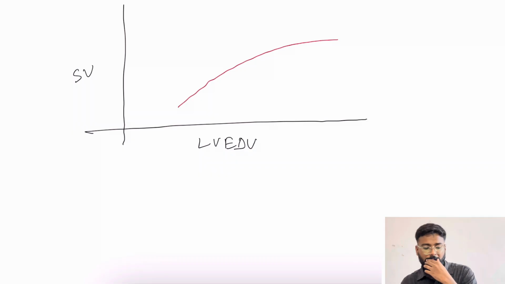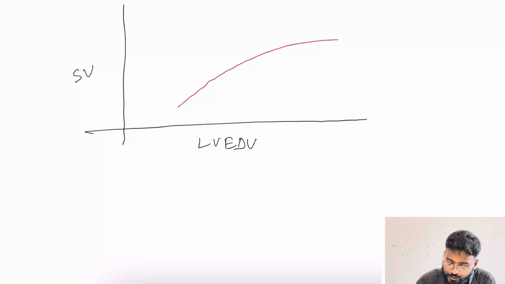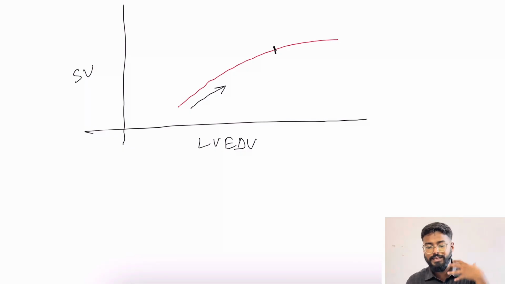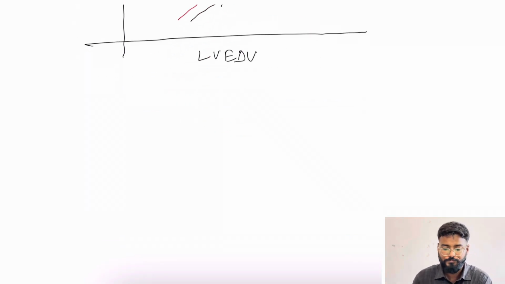You see, stroke volume increases with an increase in left ventricular end diastolic volume, but only to a certain extent. See, this is linear, but only until a certain extent. Beyond that, by increasing the left ventricular end diastolic volume, the stroke volume is not going to increase.